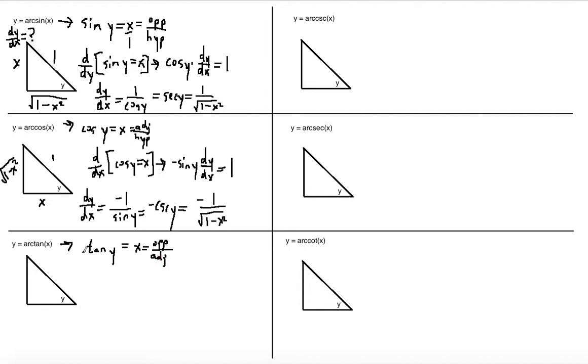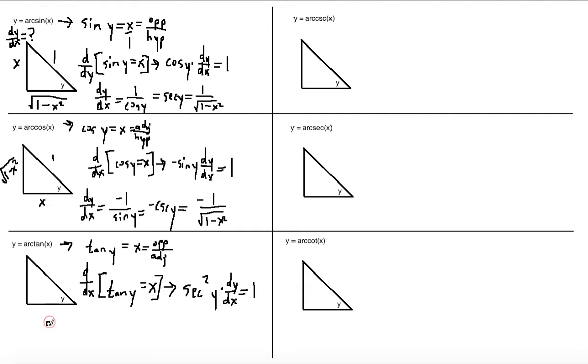I'm going to take the derivative of my function and I get out, let's see, derivative of tangent is a secant squared times your dy dx is going to equal 1.